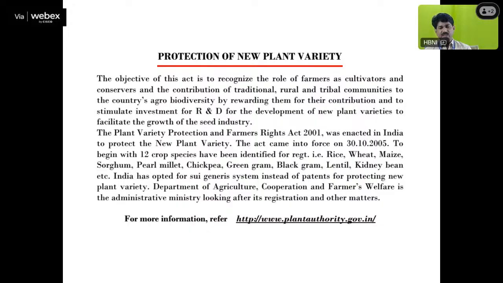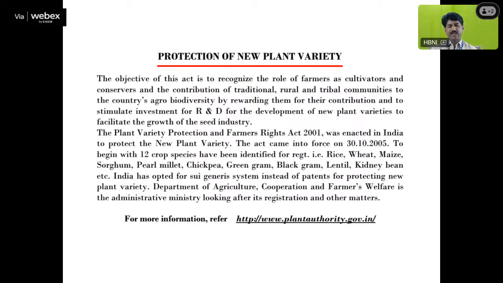The sui generis system is a unique customized legal framework designed to protect specific types of knowledge creations that do not fit into any traditional IPR categories. We have discussed various IPR categories. If something does not exactly come under any of these categories, that system is given in the sui generis system. So India has opted for the sui generis system for the protection of new plant varieties.